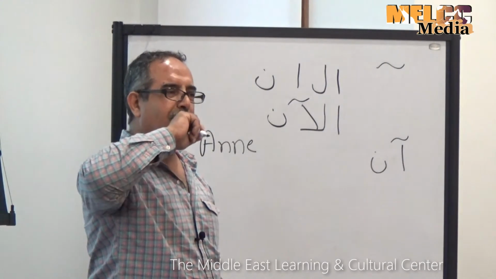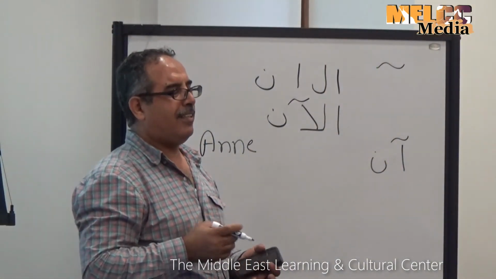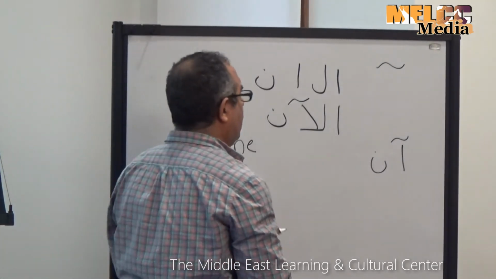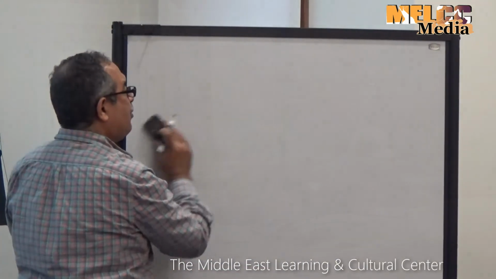Yes? This is different from last week. We learned about the shadda. Yes, that is the shadda, the little W. That's not extending, that is stretching. But you're right, that is different notation. So if I ask you how many notations we learned so far, we have quite a few, right?